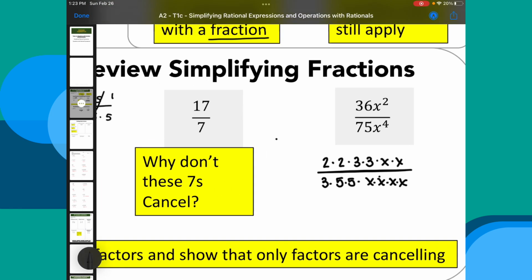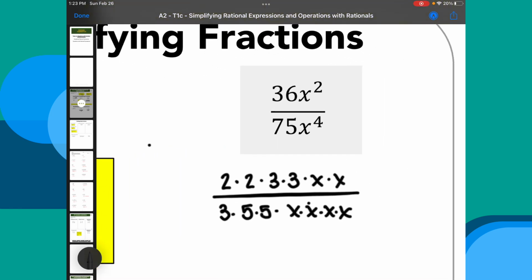So another example of that would look like this: 36x squared over 75x to the fourth. I've completely factored the numerator, completely factored the denominator. That's called prime factorization. Now, anything that is exactly the same can cancel out. So we have 3 over 3. That can cancel. I can't cancel that 3 again because it's already been used.